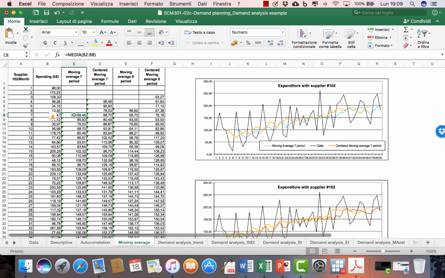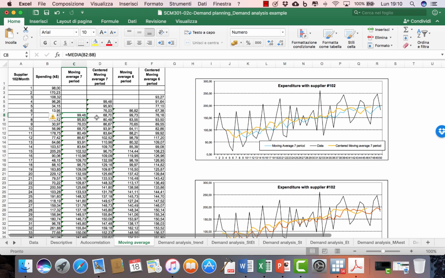Of course, I need to start from 7, because if I were positioned here, I wouldn't have 7 observations to average. So I position here in 7, and in 7 the moving average value of 7 periods will be given by the average of the previous 7 periods. Okay? I just click OK.